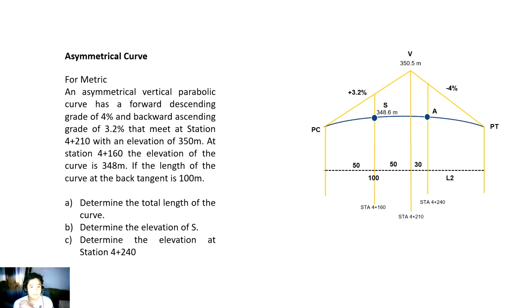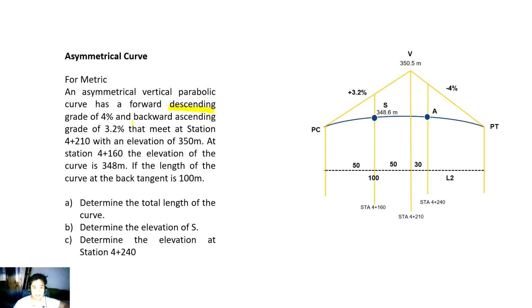So, based dito sa given na to, makikita natin na sabi, yung 4% daw ng forward is descending. So, pag descending, meaning pababa. That's why we're going to use negative 4% since may word na descending. The next, backward ascending grade of 3.2%.